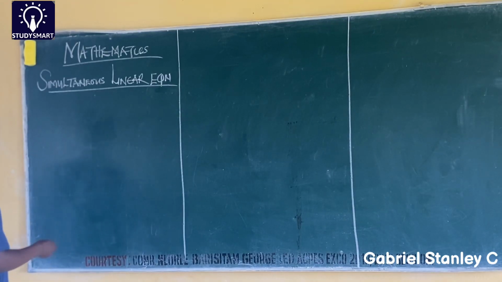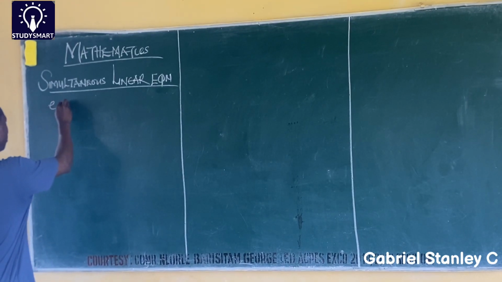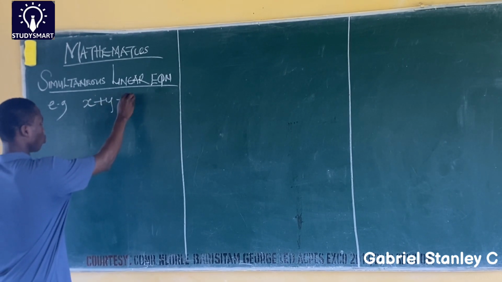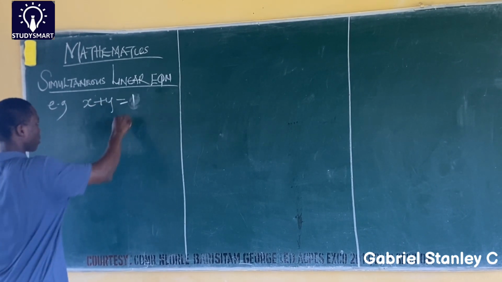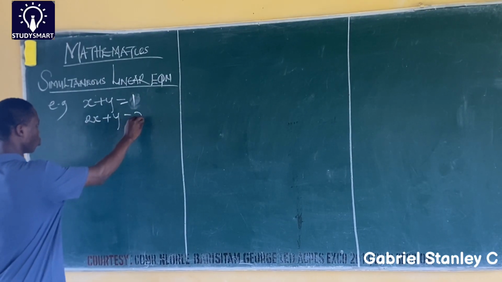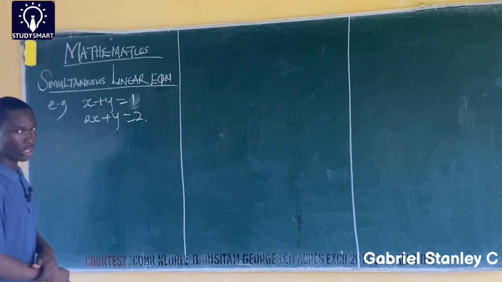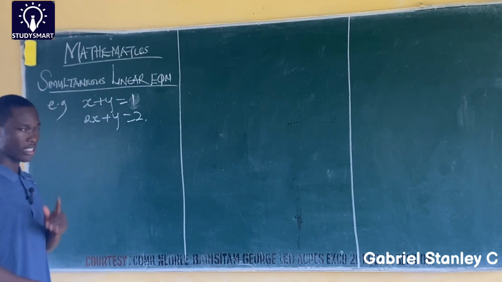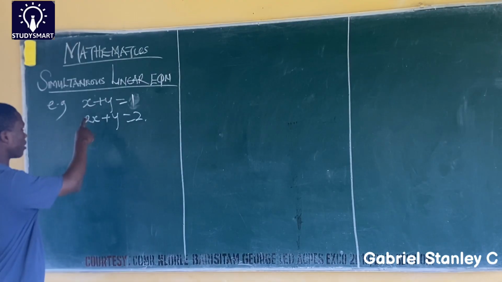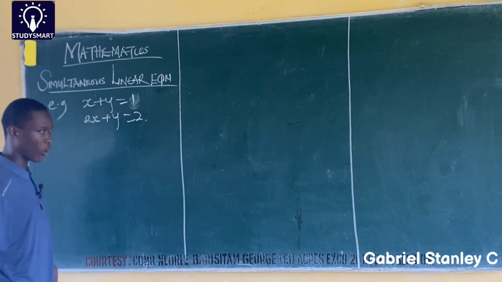So for example, if we have x plus y equals 1, and then 2x plus y equals 2, this is an example of a simultaneous linear equation. It is one because, if you check very well, the powers of the variables there are 1.